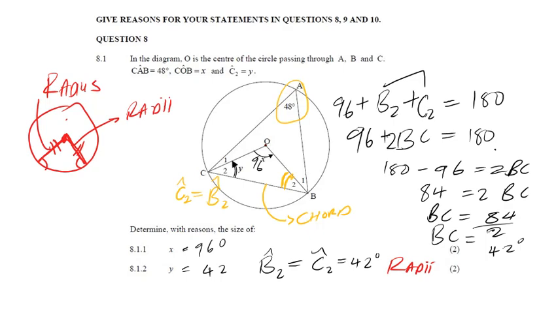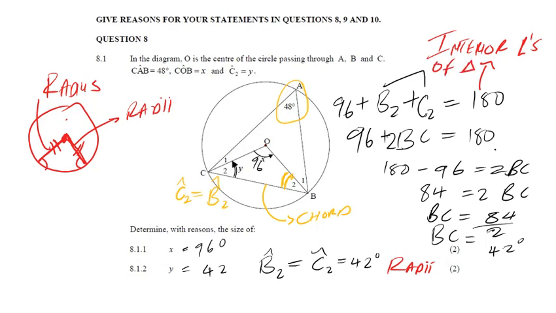And then what will be the reason for this one? Interior angles of a triangle. They add up to 180. You can write it like this: interior angles.